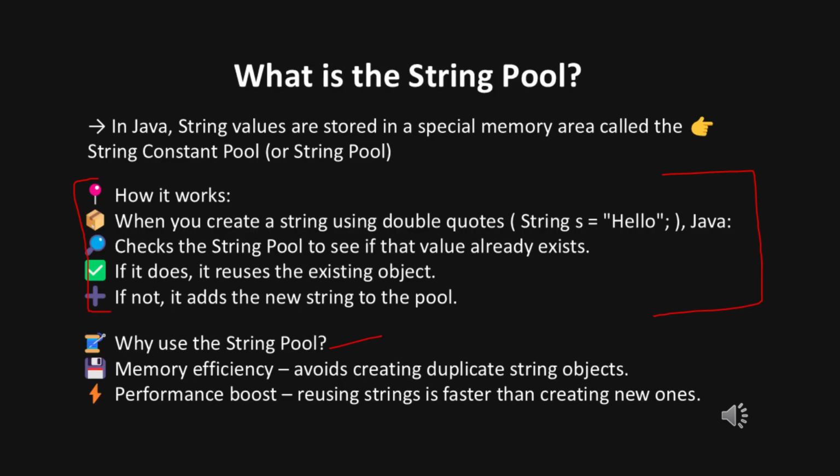What is the string pool? In Java, the string pool is a memory area in the heap where string literals are stored. Java checks if the same string already exists and reuses it, as shown below.